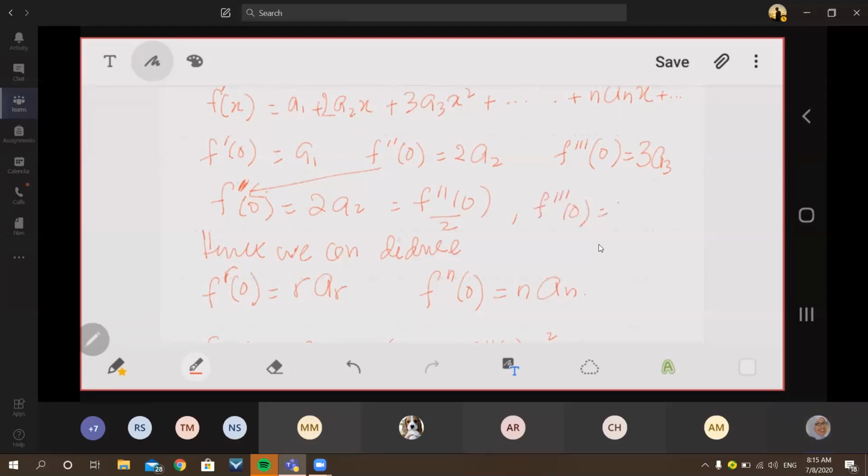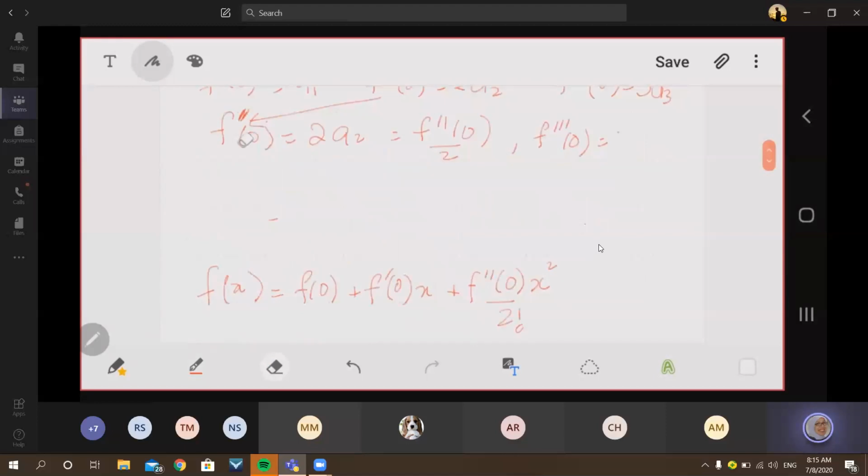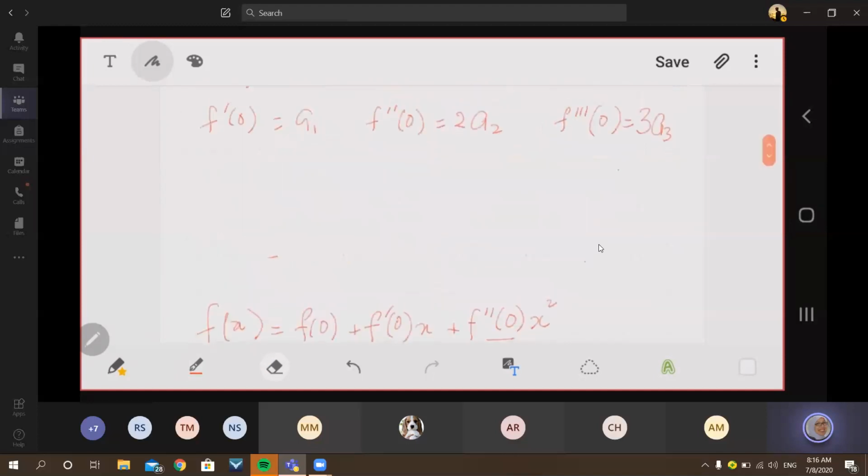Sorry, I think I have to cancel this out first. I just want to work out the general expression of this. I want to work out the coefficient. If we have f double prime of 0 is equal to 2a2, right?